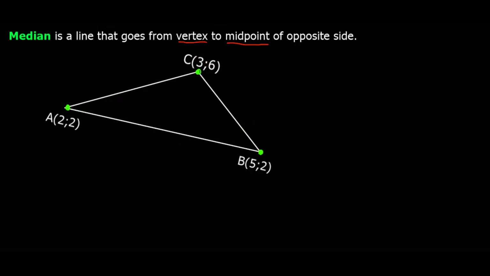And then what if the question asks us to find the median of B? We do the same thing: we draw a line to the opposite side, make sure this is the midpoint, and from there find the midpoint of AC and get these coordinates. So from there we can easily find the gradient.